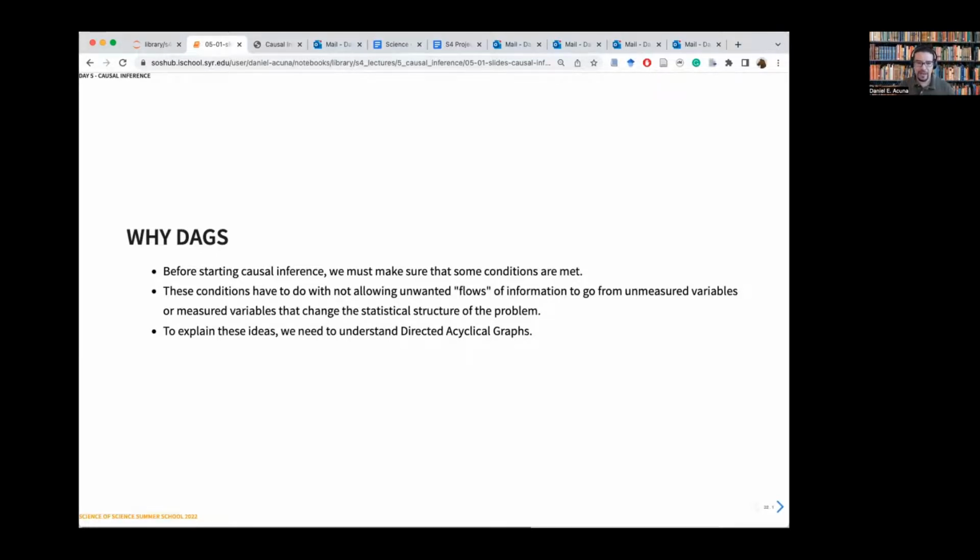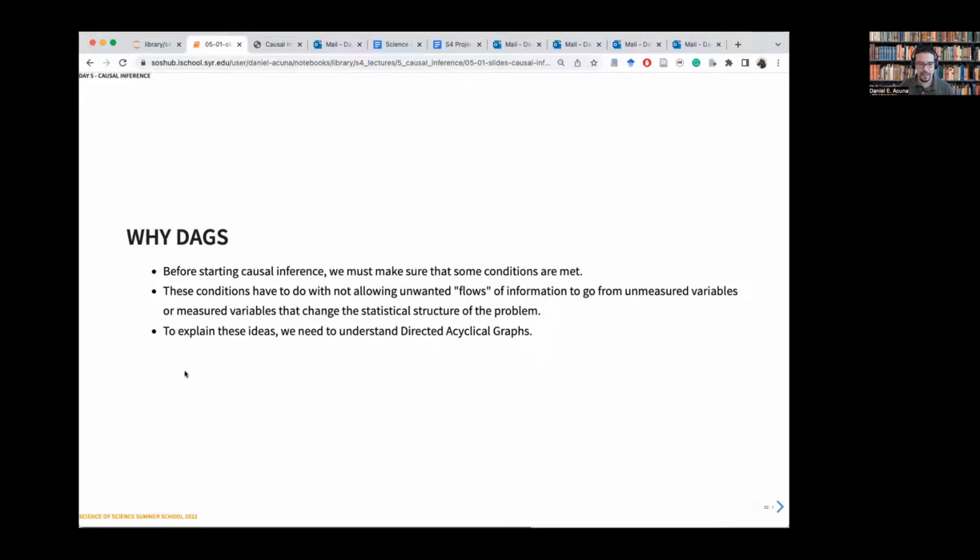The idea of DAGs is for you to lay out what you think the causal relationships are in your data. This is typically a philosophical process, or an assumption process. Based on your experience, you say this is how you think the world works, and you make that explicit with a DAG.